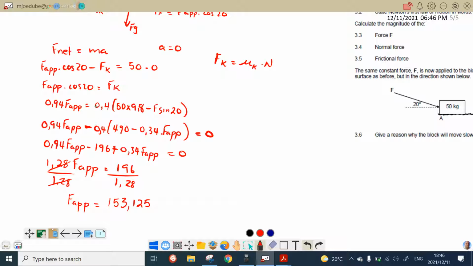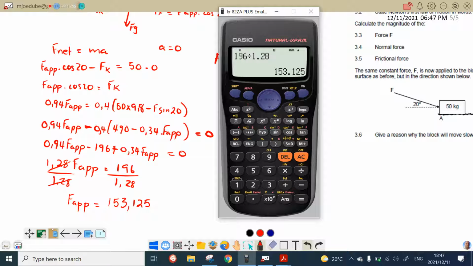Then when you transpose that, it becomes minus 0.4 times 490 minus 0.34 F app is equal to that. And the sine of 20, just to cross check, sine of 20 degrees is equal to 0.342, 0.34, is equal to 0. And then if you transpose the 196, what I didn't do, there's an error here.